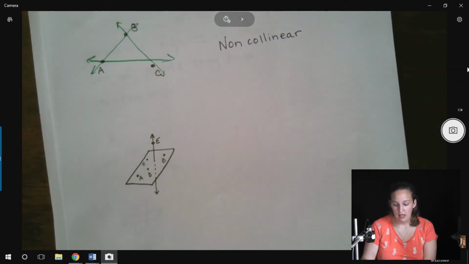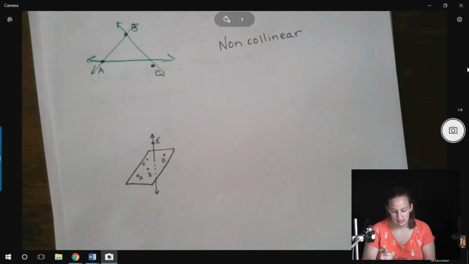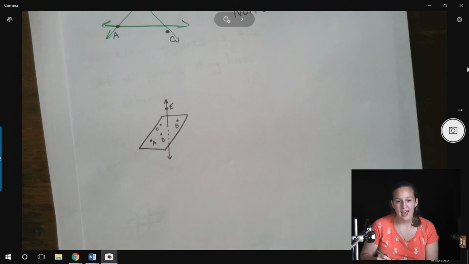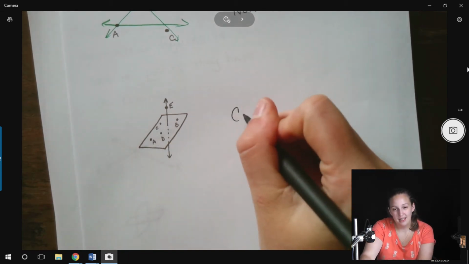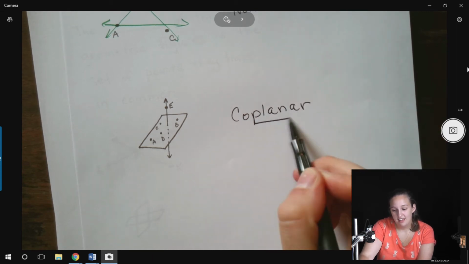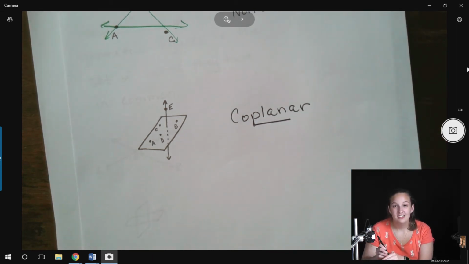Also, this is kind of small, I apologize for that, but if you have a plane and you have a bunch of points that are all in the same plane, we have a word for that, and that's called coplanar. Planar sounds very similar to plane.